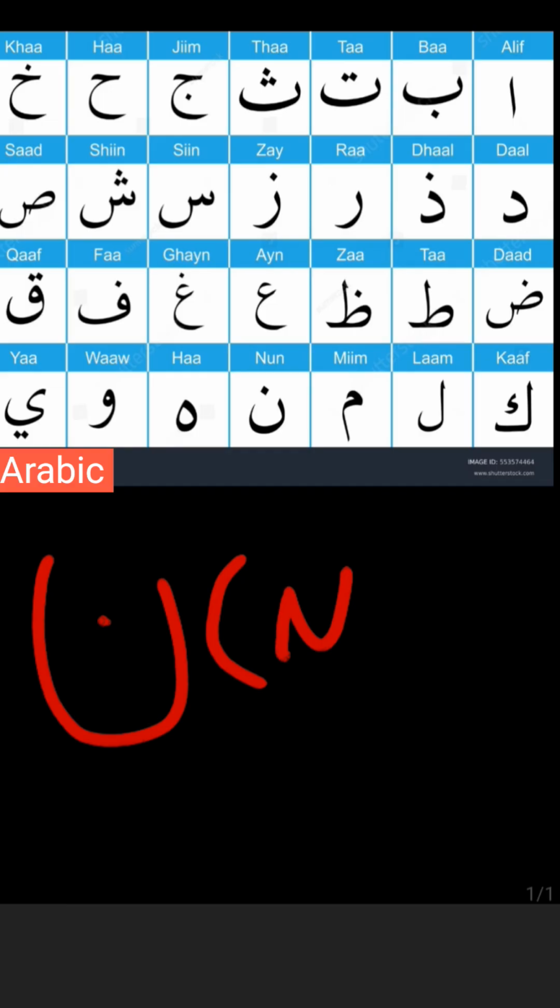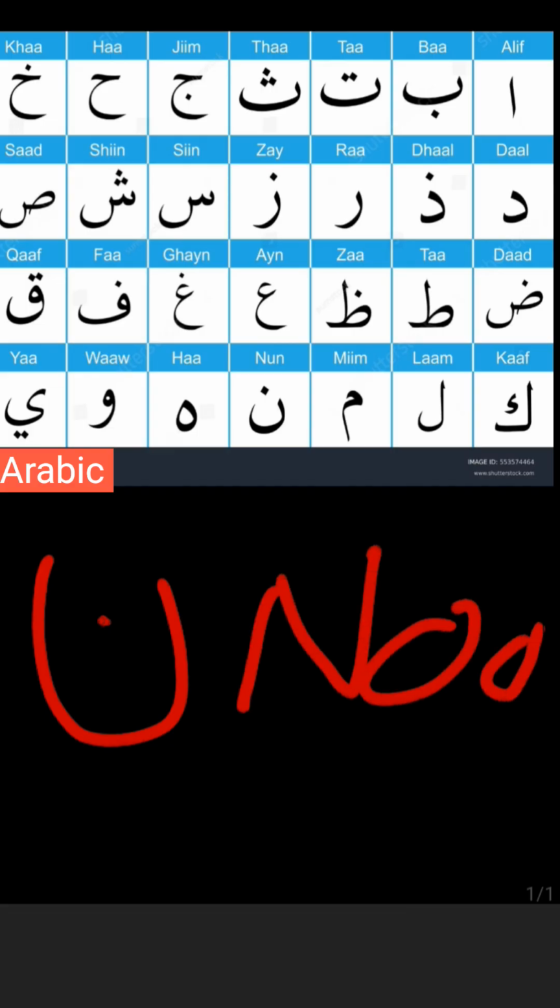The closest equivalent is N, and the sound is N, like noon. That's almost the same spelling as the Arabic. Like noon, at 12 o'clock.